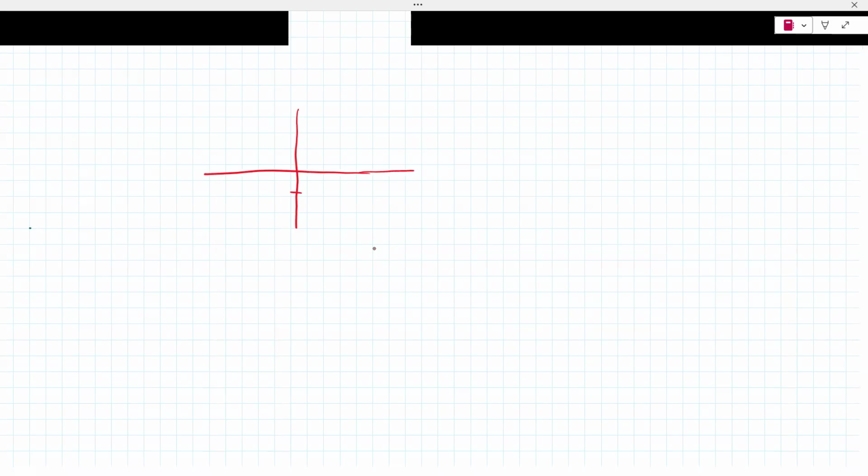It has a y-intercept of -1. It's going to look like this. Okay, we got to find the area here, and then we also gotta find the area here.